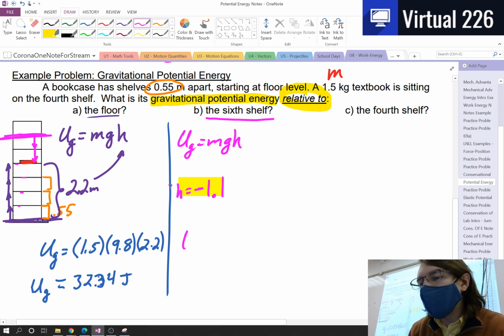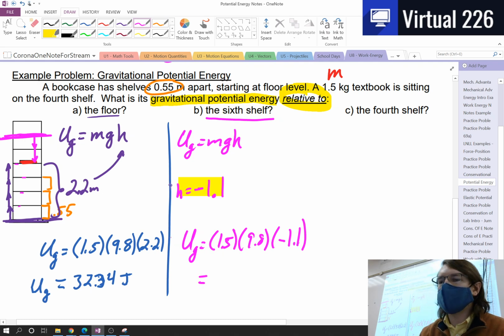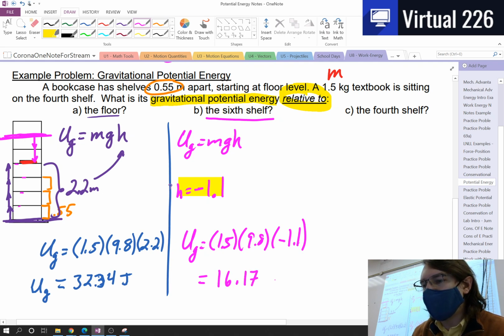So when we go and put this UG back in, we're going to get 1.5 times 9.8 times negative 1.1 meters. Rushing this calculation, we should get 16.17 joules. And don't forget, this is a negative because of the negative on the 1.1.